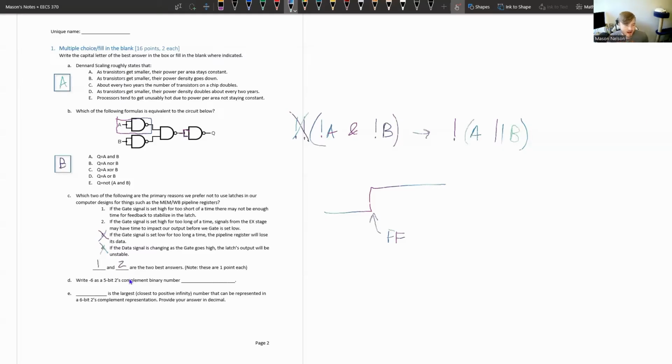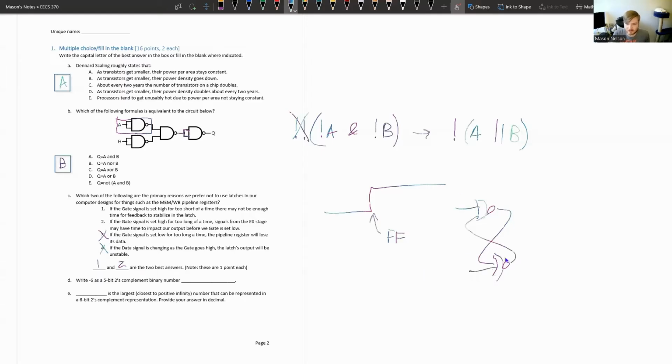Looking at 1, if the gate signal is set high for too short of a time, there may not be enough time for feedback to stabilize in the latch. That's absolutely true, because since our latches are made of gates, there is going to be some sort of propagation delay. And you might remember our basic latch looks something like this.